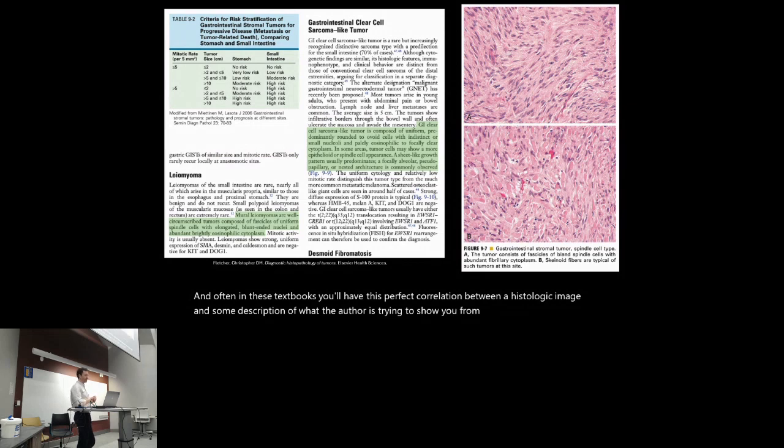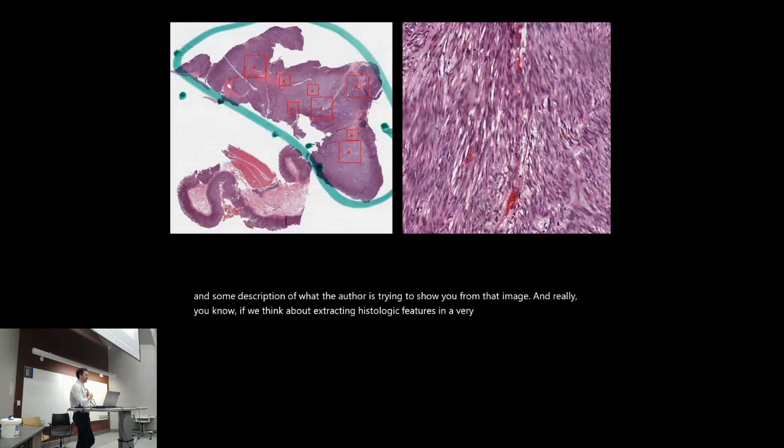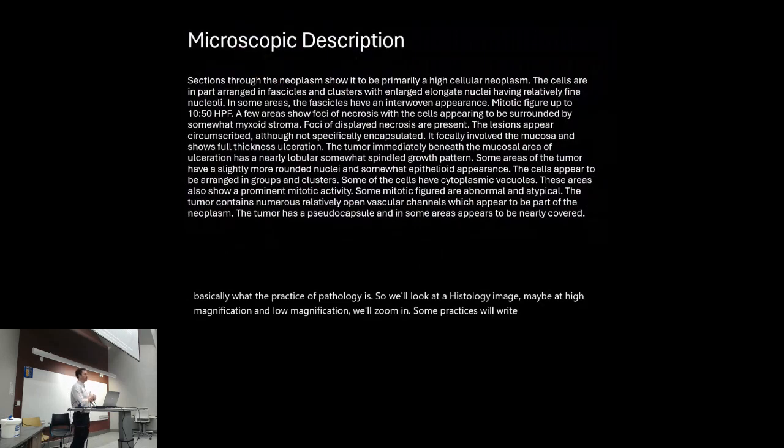And really, if we think about extracting histologic features in a very manual way today, that's basically what the practice of pathology is. We'll look at a histology image, maybe at high magnification and low magnification. We'll zoom in. Some practices will write a microscopic description in natural language that describes exactly what they saw under the microscope.